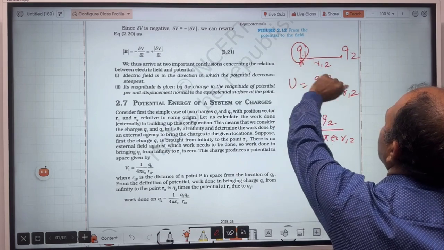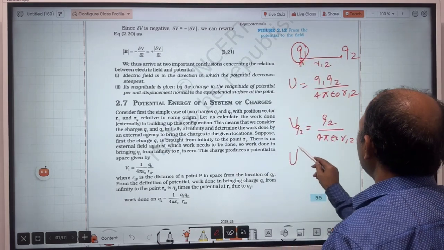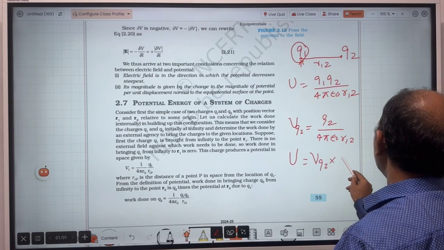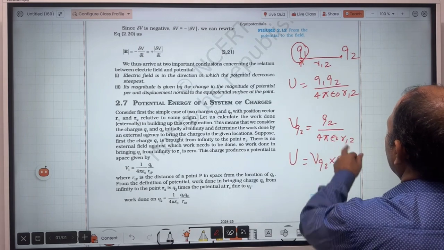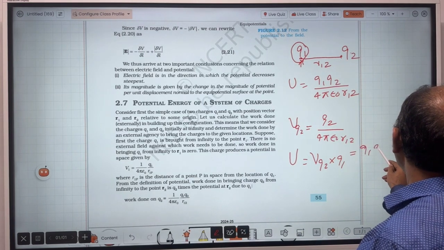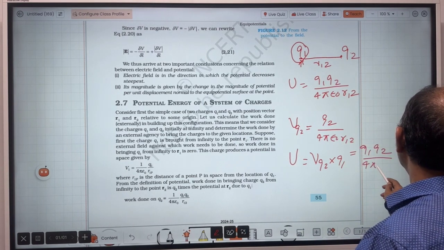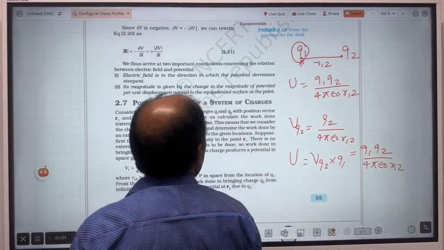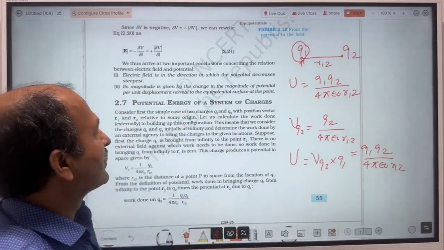Now you are bringing charge Q1 to this point, so potential energy will be equal to VQ2 into Q1, and VQ2 is this. So you can say it is Q1 Q2 divided by 4 pi epsilon naught R12. So this is the case when there are two charges.